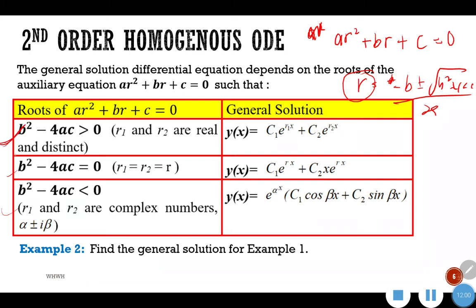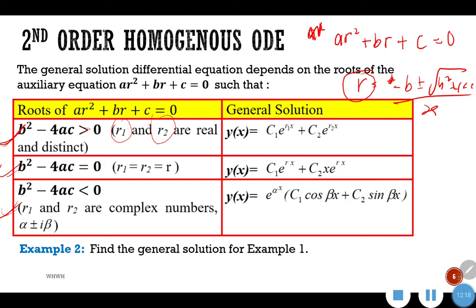Yang ni you all dah belajar dalam maths dulu kan. Okay, kalau you check, kalau you tak nak check ni pun sebenarnya tak ada masalah. Okay, b square minus 4ac, kalau you dapat more than 0, maknanya you dapat 2 roots. R1 and r2 are real and distinct.